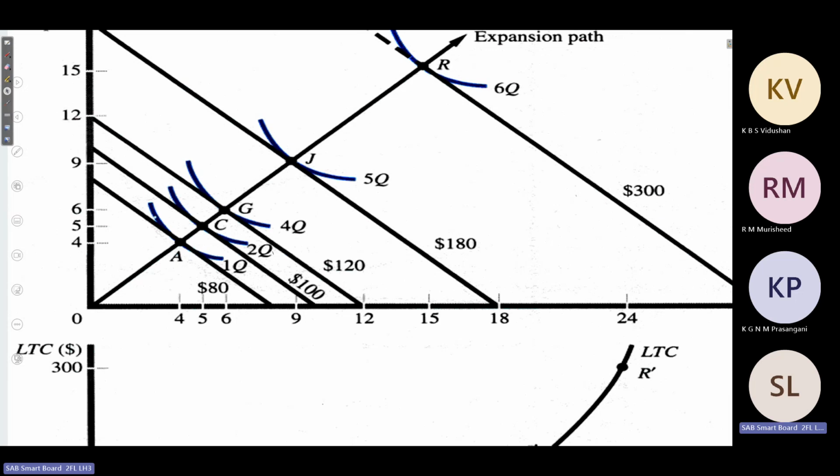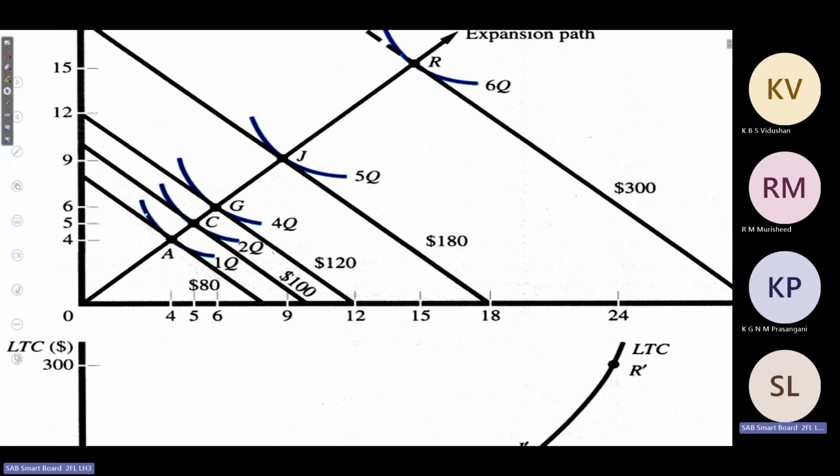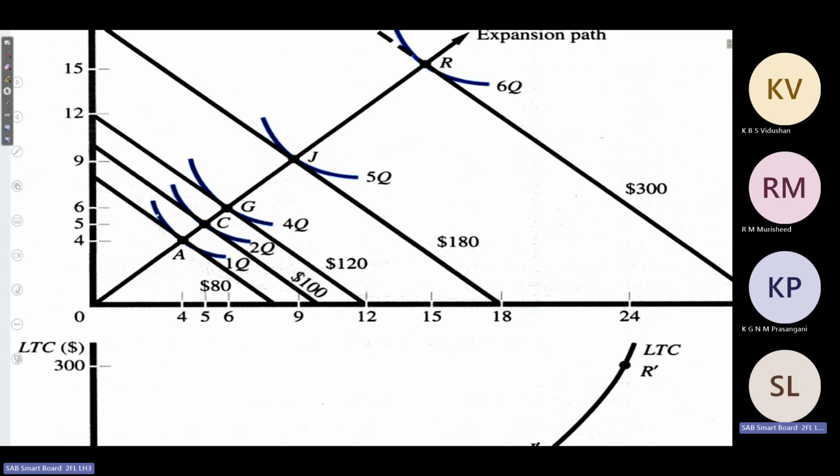When expanding its output level from the Q1 level to the Q2 level, it requires $100, and the firm will be able to produce the Q2 level of output at a cost of $100 by combining 5 units of capital and 5 units of labor.